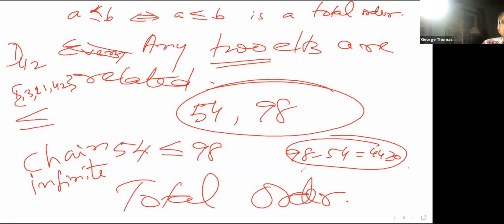Is the set of natural numbers both a partial and a total order? Yes. A total order is a partial order, but a partial order need not be a total order. A total order is stronger. So P implies Q, but Q doesn't imply P. That's a good point, it will be in the notes.